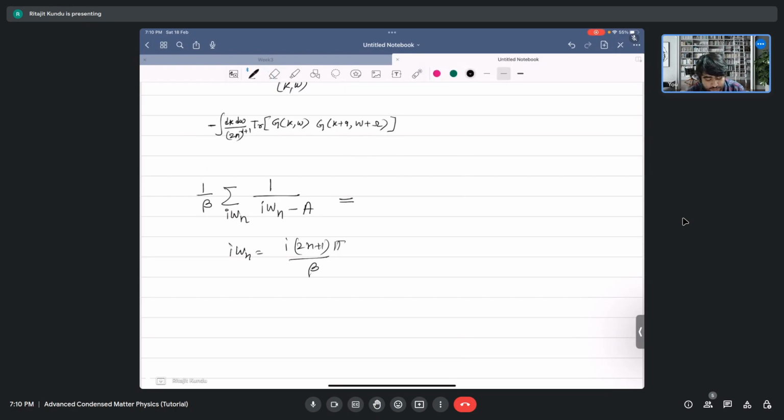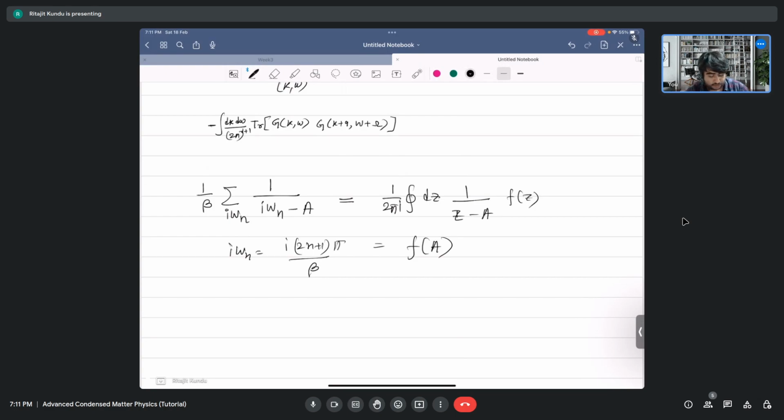Something like this: integral dz over 2 pi i, where you replace i omega by z, minus a, and you also plug in the Fermi function. People who have done contour integration and complex analysis can clearly see where this is going. This will just become f(a), because the residue is just a simple pole at a, and you can calculate it very easily. This is what your answer will be if you have Matsubara summations.